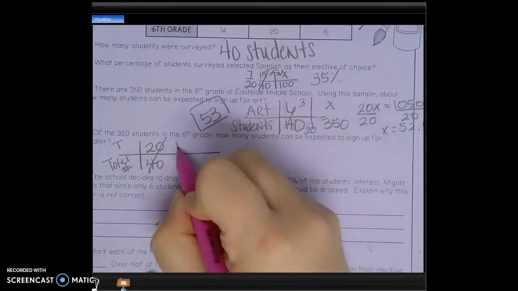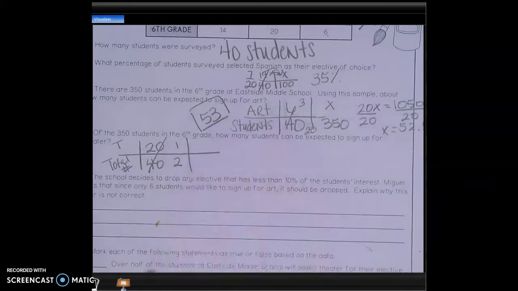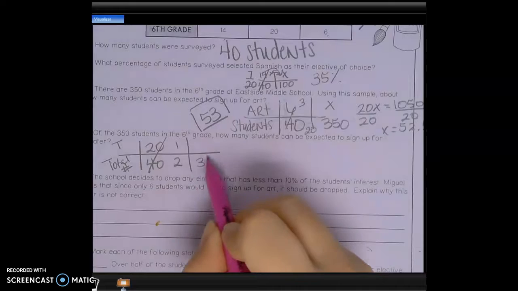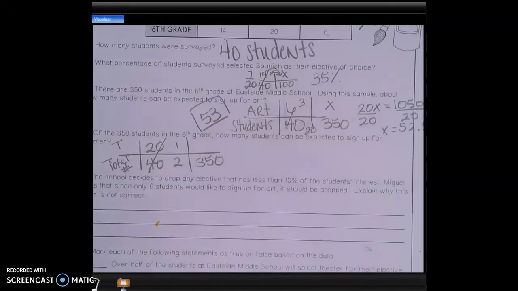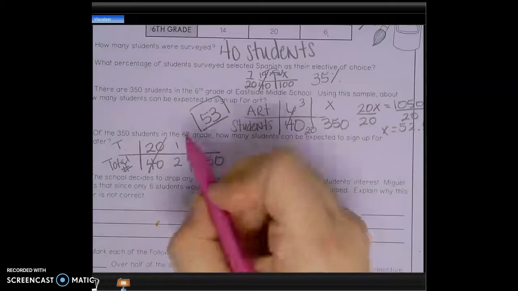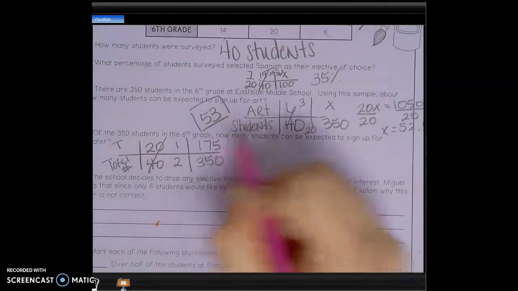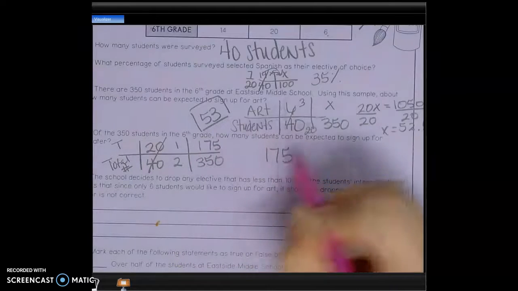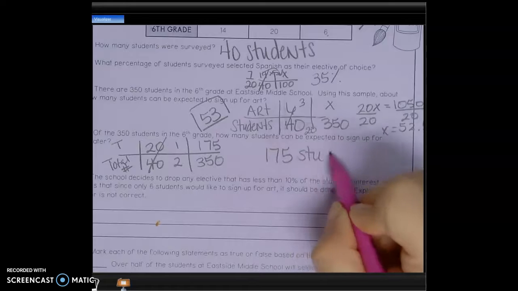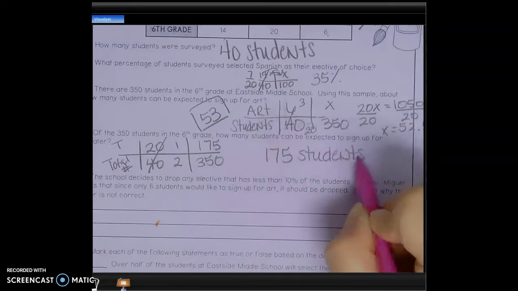Right now, I could go ahead and make that a half because I know that 20 and 40 are both divisible by 20. And then I am going to compare this to the entire population of 350. Okay, so half of 350 is 175. So I can say about 175 students wanted to go to theater.